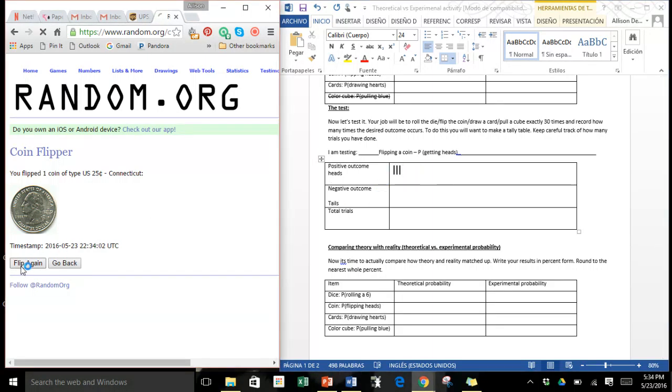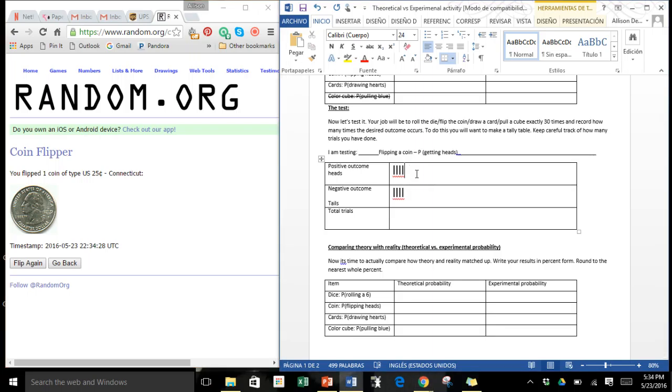Flip again. Tails. A negative outcome. Flip again. Did it flip? I think it did. Tails. Flip again. Tails. So far, 50-50. Flip again. Tails. Flip again. Heads. All right, I'm going to stop there.